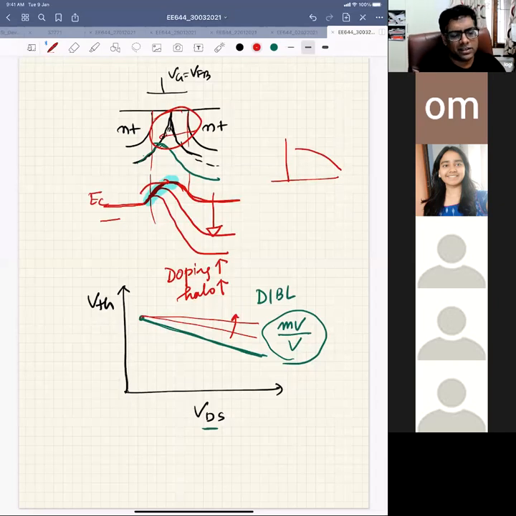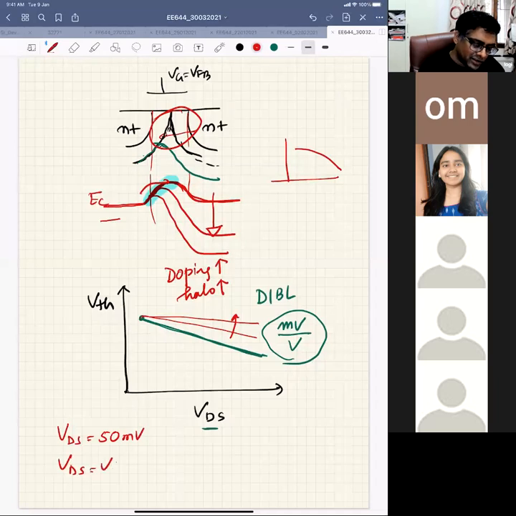Sir, DIBL and even SS will depend on the point that I select, no? Like where I am measuring these slopes. Of course. So for DIBL measurement, you apply a very small VDS, around 50 millivolt or 100 millivolt. Sorry, not VGS, but VDS. You measure threshold voltage for VDS of 50 millivolt, and VDS of VDD. This is the standard procedure.